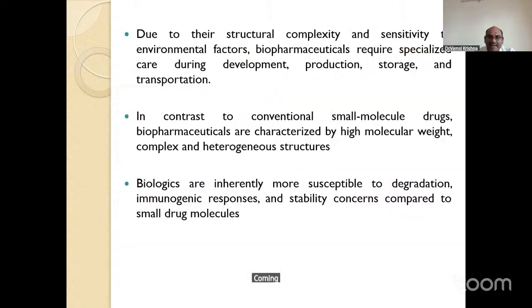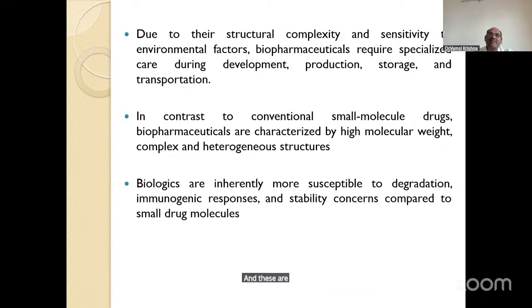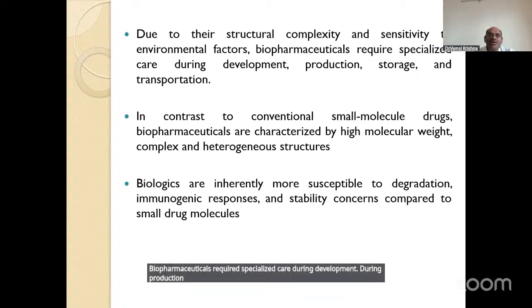Coming to the next slide. Yeah, coming to the structure, we already discussed. Biopharmaceuticals are very complex and very sensitive to environmental factors. That's why biopharmaceuticals require specialized care during development, during production, and during storage and transportation.